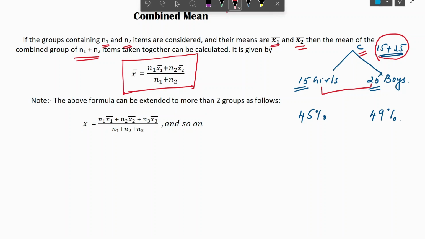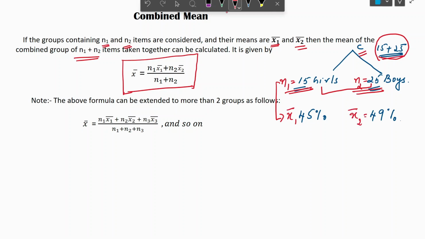Now see this example. In this example, what is N1? N1 equals, we can take it as the girls number, that is 15 girls, and N2 is 25 boys. For N1, this 45 percentage is your x1 bar. And 49 percentage is x2 bar.